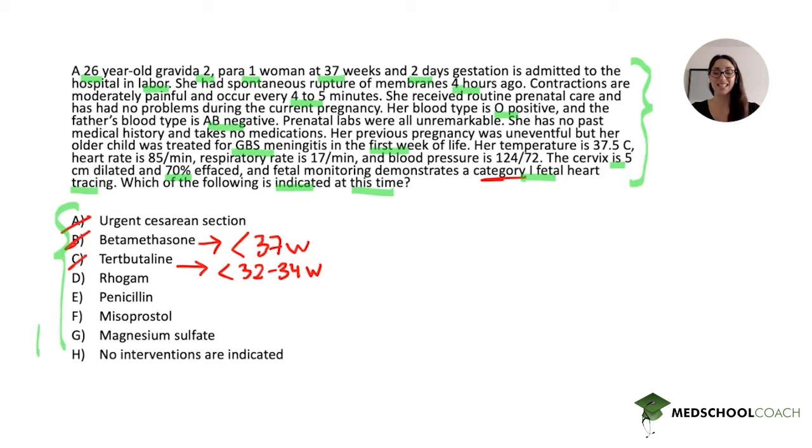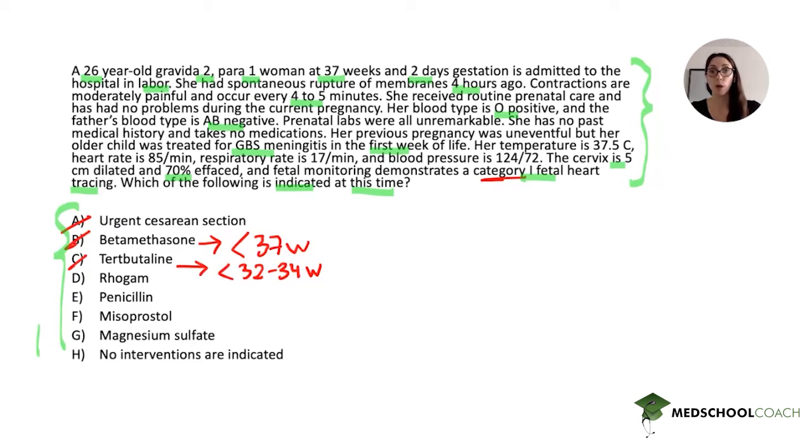RhoGAM. This is testing your knowledge of the indications for giving RhoGAM. Remember that RhoGAM is given to mothers who are Rh negative. It's given routinely to women who are Rh negative at around 24 to 28 weeks, and it's also given within 72 hours of delivery if the baby is Rh positive, to prevent alloimmunization in future pregnancies.